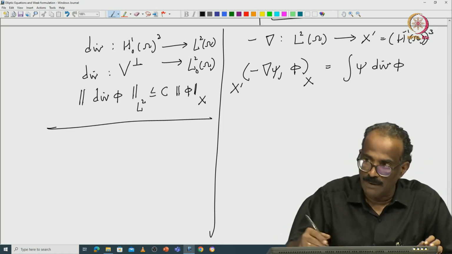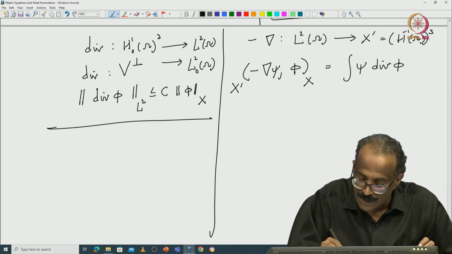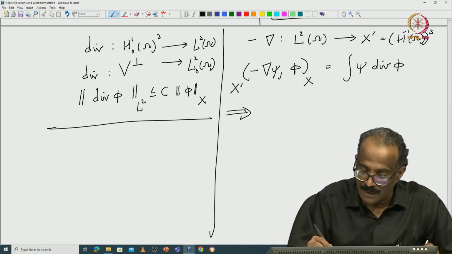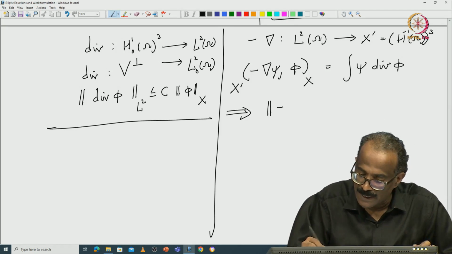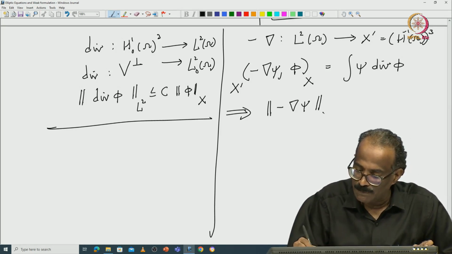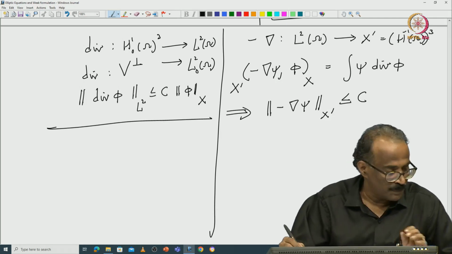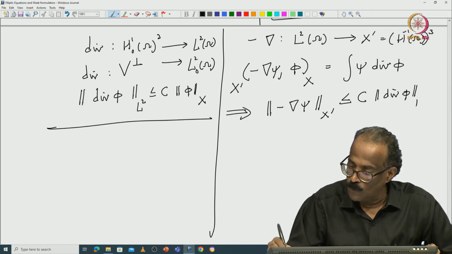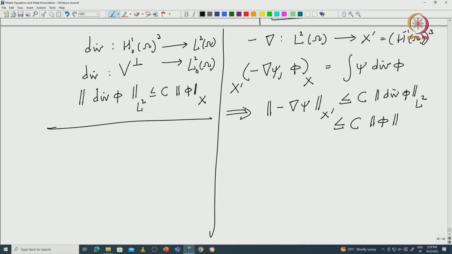And you can compute the modulus, you just take the modulus and estimate psi and phi, and then that will give you the norm of minus gradient of psi in X prime is less than or equal to some constant times the norm of divergence of phi in L2, that is less than or equal to a constant times the norm of phi in X. Yes, that is what you want to do.